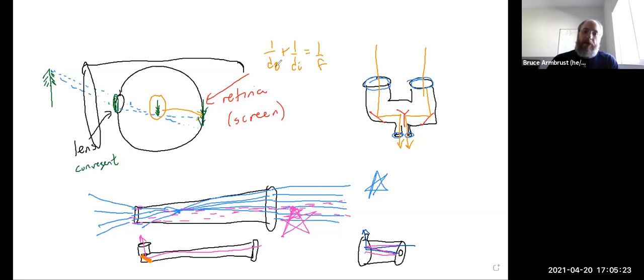So when you plug that into this formula, your DO is infinity, which means that goes away. So your image is going to appear at the focal length from the first one. As opposed to, again, if at your microscope, you're looking at something close, now that distance isn't infinite. So that thing doesn't drop to 0. But anyway, so there's a little bit about how all these things are designed, and it's really just making use of one equation.